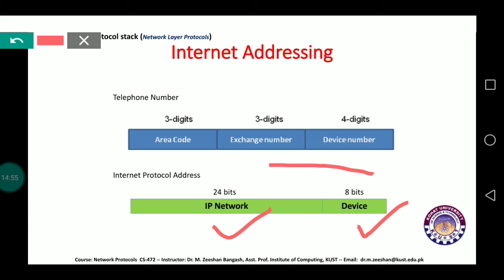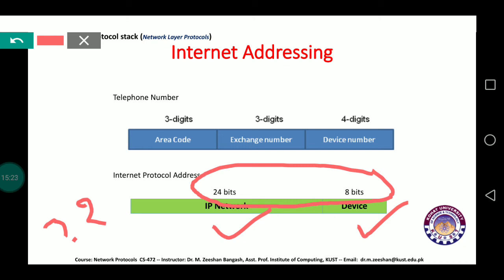So the total size of an IP address is basically 32 bits, or we can call it 4 bytes reserved for internet or IP addressing, which is divided into two parts. Some bits will show the network addressing, and some bits will show the host addressing.